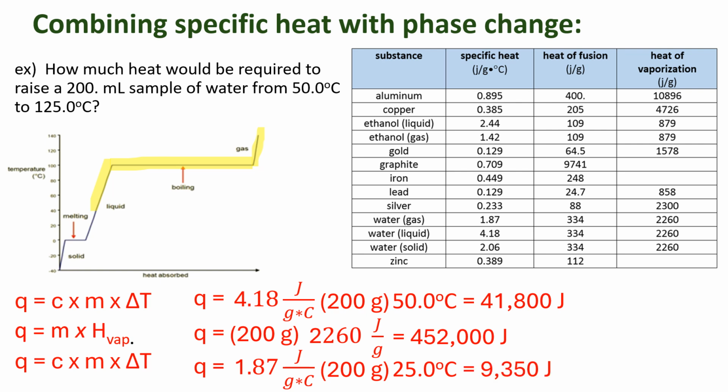And then I get 9,350. And the last step is I'm going to add up my 3 answers. And I get 503,000 joules. So that is taking it all the way from 50 degrees Celsius, boiling all of it, and then taking it up another 25 degrees.